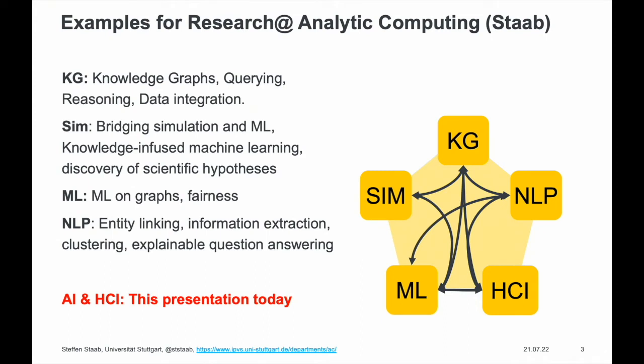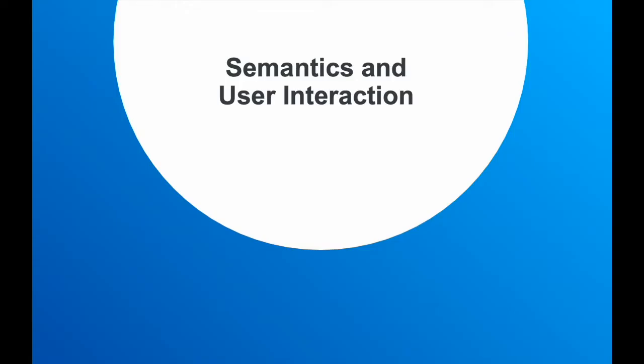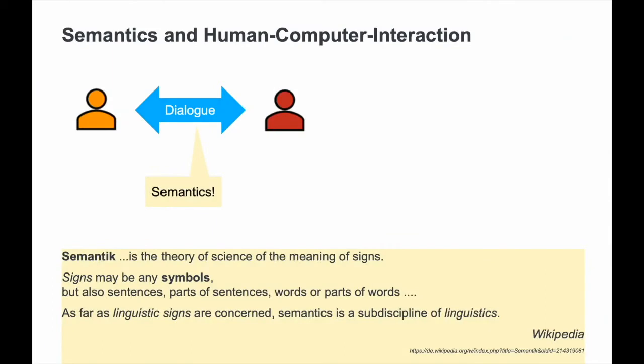And just to give you the context, a lot of that research comes from my background in knowledge graphs and semantics, and looking at how semantic measures fit into various application cases, whether it's natural language processing, where I started off, or what this talk is about today, namely the combination of artificial intelligence and human-computer interaction.